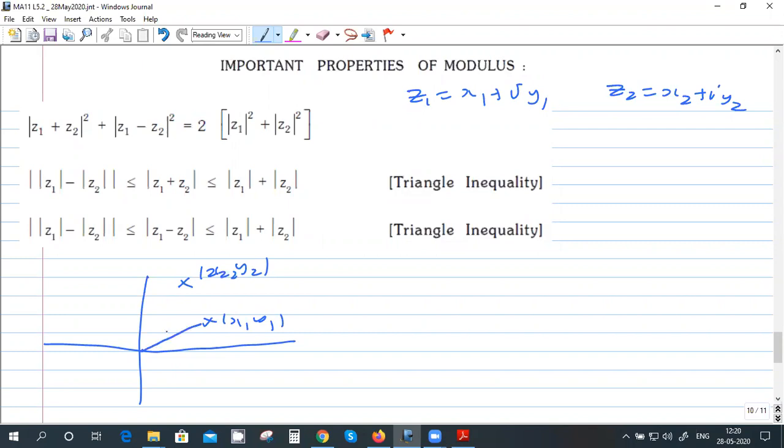This is z1, this is z2. I'll draw a line parallel to z2 here.